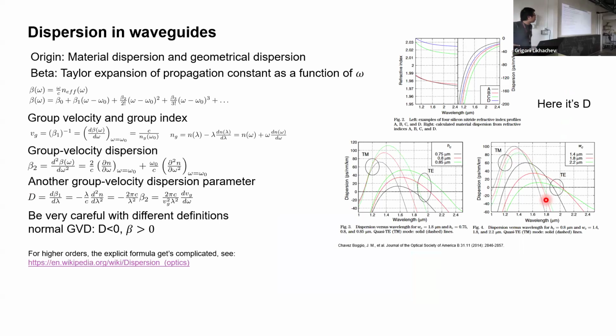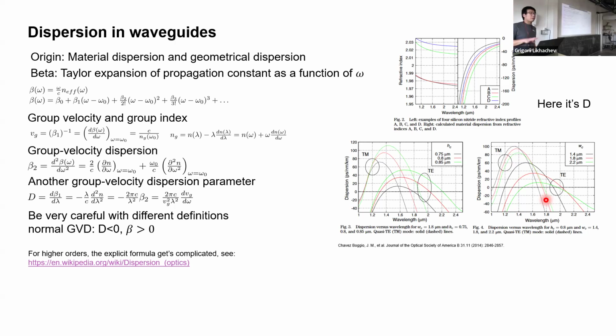Later, one important parameter for our work in integrated photonics is the dispersion of the waveguides. You may know that all bulk materials have their own dispersion, due to how the light wave interacts with atomic systems.